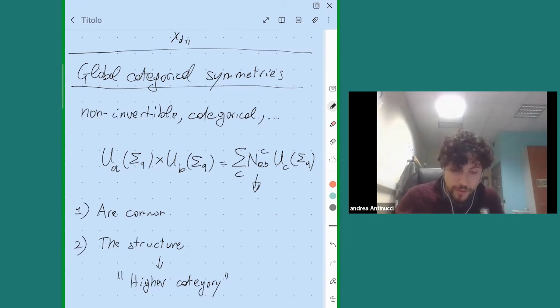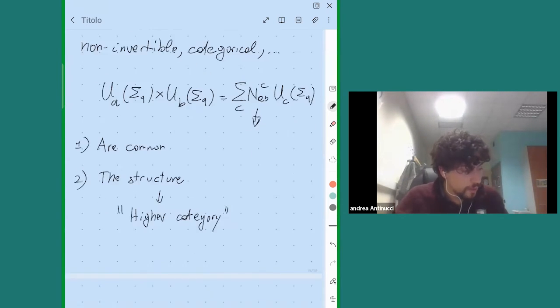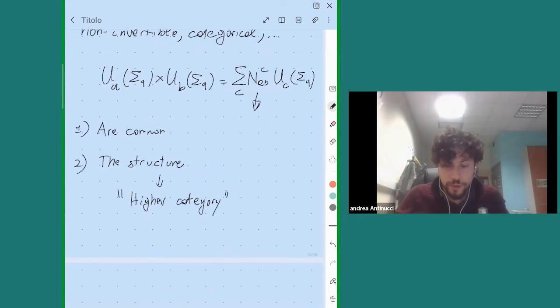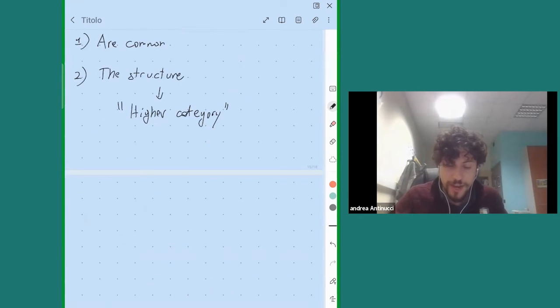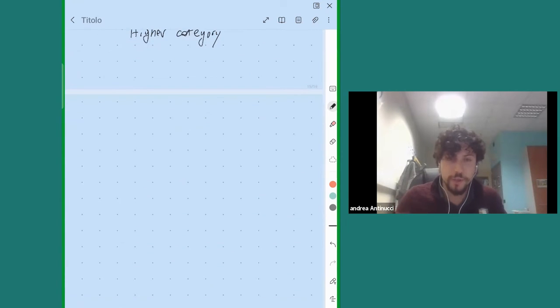But fortunately, and very recently, a tool emerged, which is kind of a generalization of what is a background gauge field for this complicated symmetry. It is not completely clear at first sight that it is a generalization of this concept, but I will try to convince you that it is.